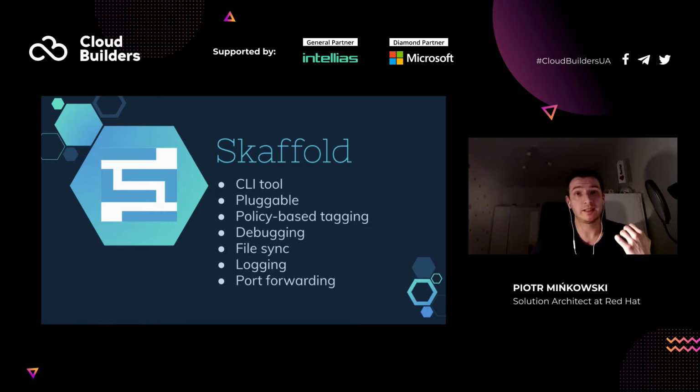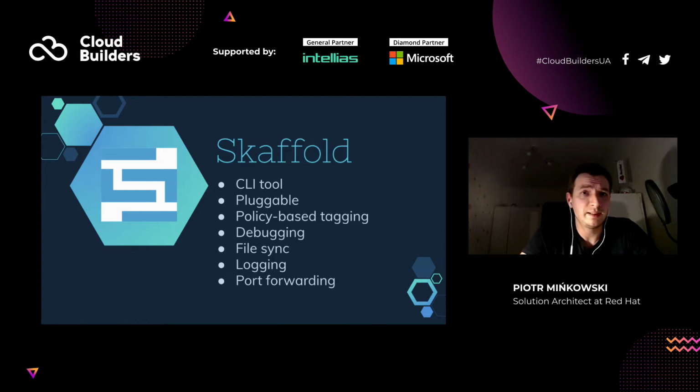And Skaffold has many important features for Kubernetes native development, like policy-based image tagging, port forwarding, logging of running pods, file synchronization, and much more. And it optimizes your inner development loop to have instant feedback while developing.